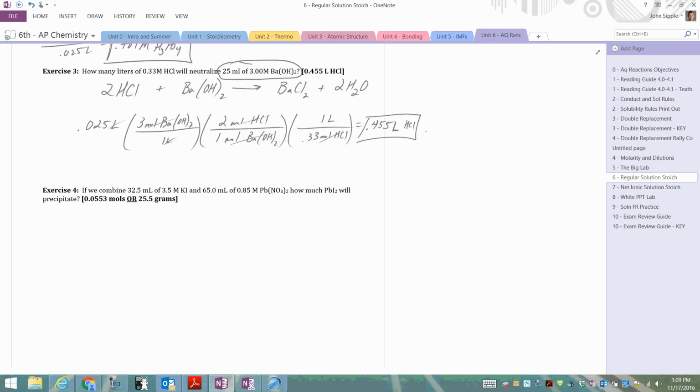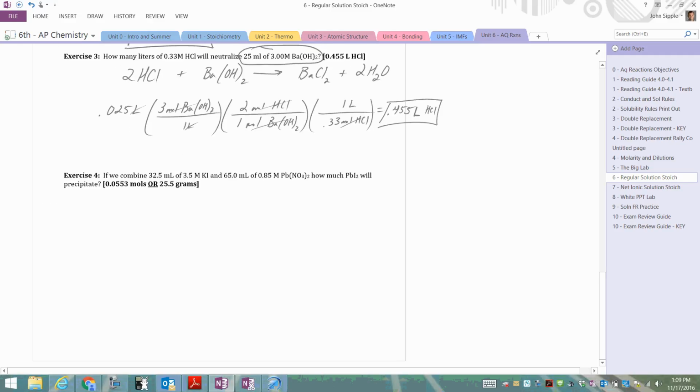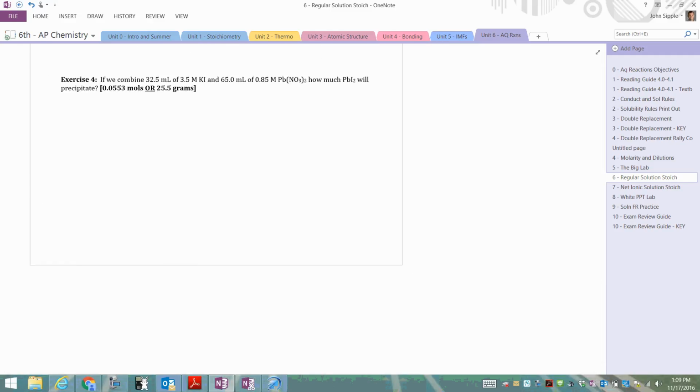All right, well, with stoichiometry, what question is always there? I will end up dealing with limiting reactants. Yeah, we got a little limiting reactant problem here. And our next question is a limiting reactant problem. How do I know it is a limiting reactant problem?